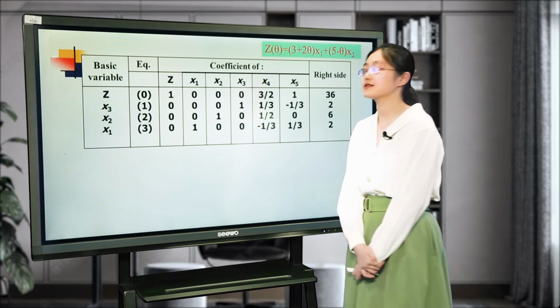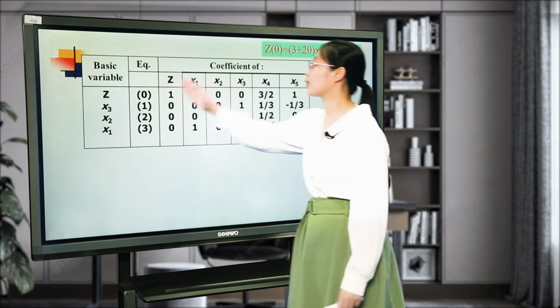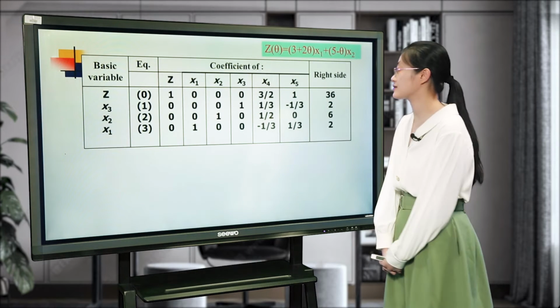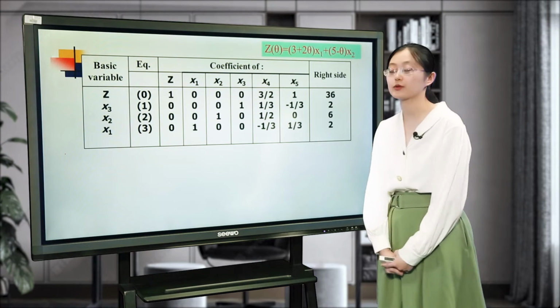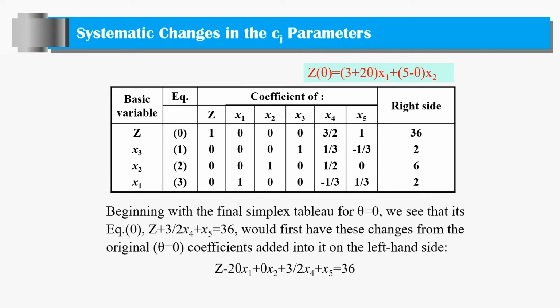So now we consider the simplex tableau for our problem. This is our original final simplex tableau when we reach the optimal solution. Now the problem is that we have changed our objective function from the old 3x1 plus 5x2 to this extra 2 theta x1 and minus theta x2.